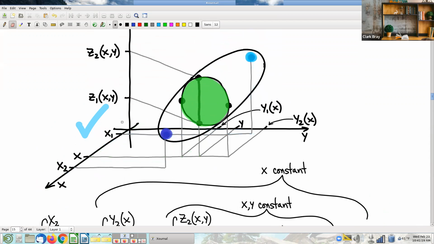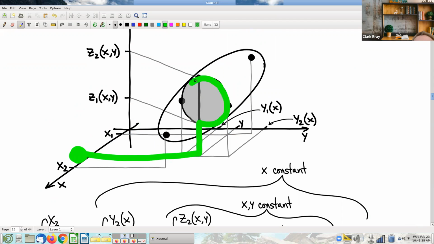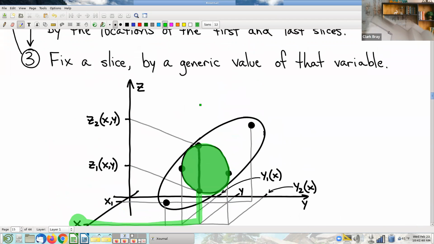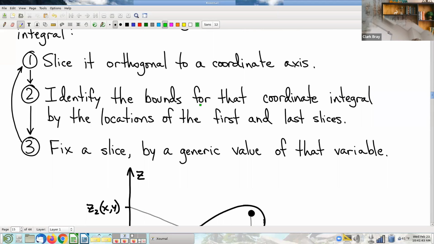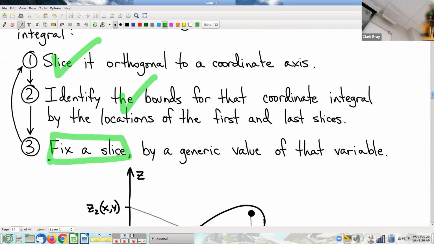All right, now I have a mess to clean up. Okay, we're going to focus our attention now on that one single value of x. In other words, we're going to look at this single x slice there. And all the rest of what we're going to do is going to be focused on this one single slice. Let me remind you, up here, we sliced orthogonal to the x-axis. We identified the bounds. Now we have fixed a slice, and everything that we do going forward will be on this slice.